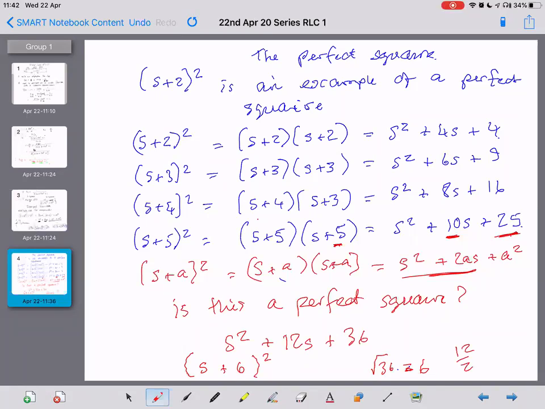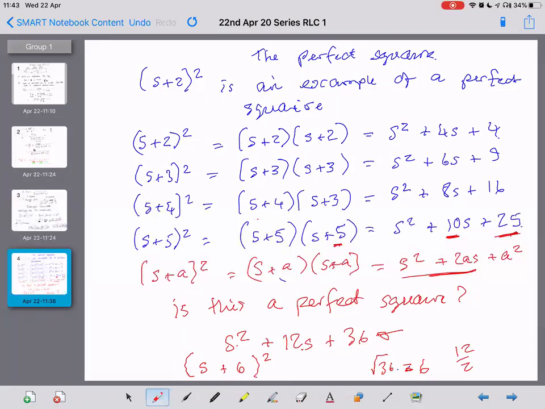And this 6 also comes from 12 over 2. If we doubled 5 to get the 10, then if we've got 12 here, we must halve it to get the 6 inside there. So that's going back the other way. Effectively, this is a quadratic expression: squared term, s term, constant.